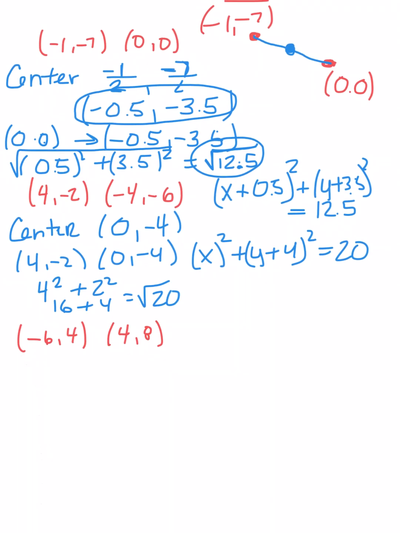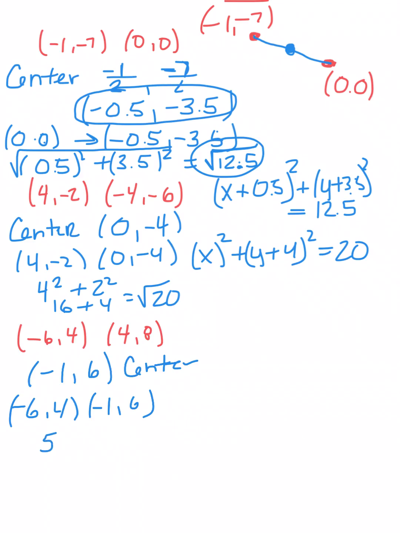Next example, between negative 6 and 4, the midpoint is negative 1. Between 4 and 8, the midpoint would be 6. That would be my center. Then the distance between negative 6, 4 and negative 1, 6: change in x is 5 squared, change in y is 2 squared. 25 and 4 is 29, so my radius is the square root of 29.